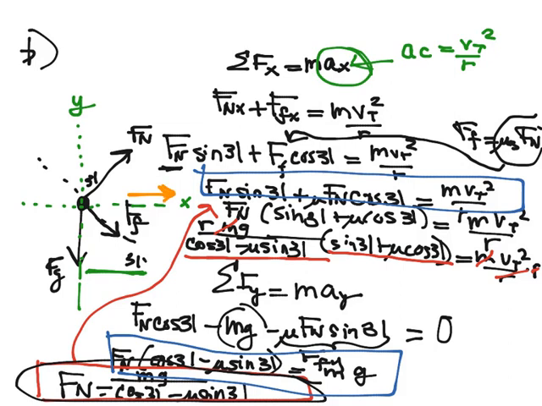So that's towards the direction I'm drawing this orange arrow. And that Fnx plus Ffx is equal to max, and that our ax is vt squared over r. That's the important physics part. The rest of it is just algebra. A lot of clunky algebra, but just algebra.